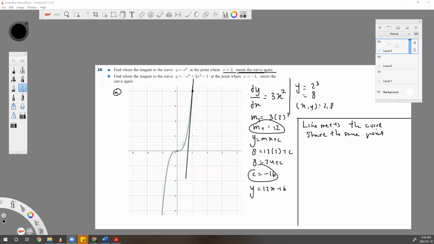So we have the curve y equals x cubed and the point x equals 2. What is the tangent? And we have to find the other coordinates where the line meets the curve. I already have the line equation. When the line meets the curve, they share the same point, which means y equals x cubed for the curve and y equals 12x minus 16 for the line.